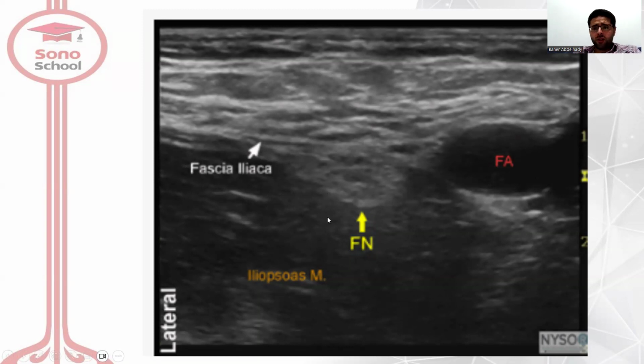Usually the dose for a femoral nerve block is 10 ml to 15 ml of lidocaine 2%, sorry, or bupivacaine 0.25%.